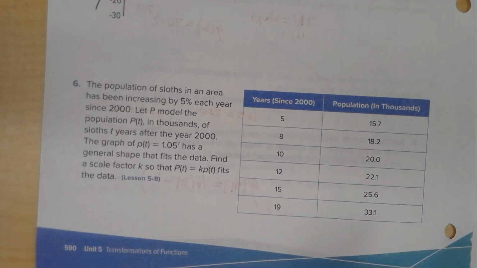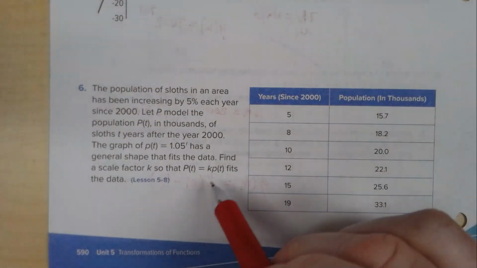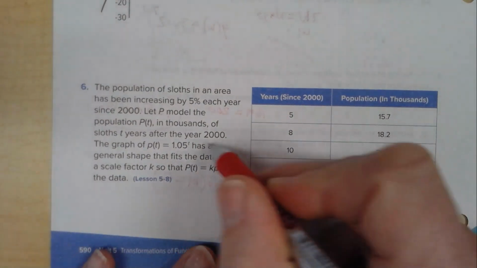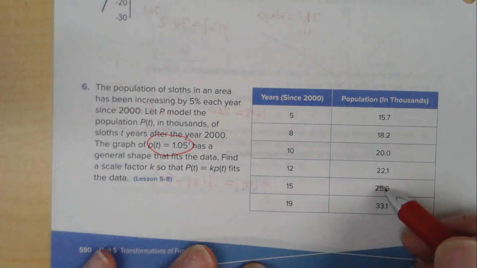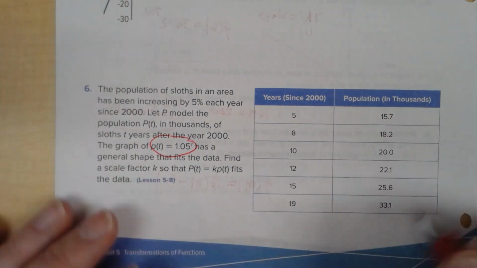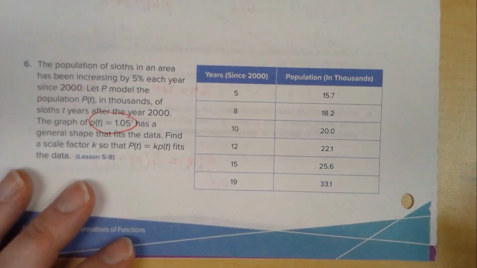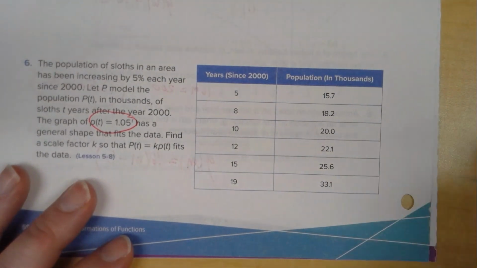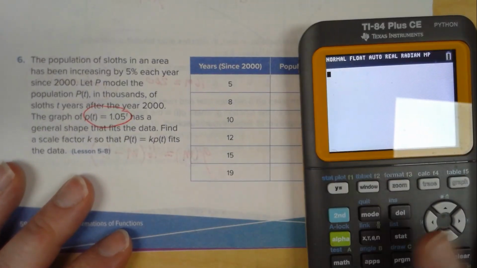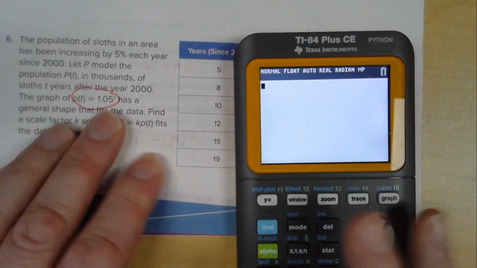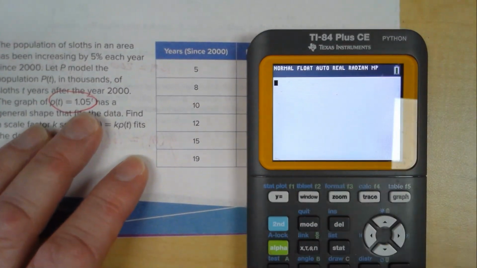The last question, number 6 here, is we're going to figure out what to do to this equation to make it match this data. All right. So in the calculator, I'm going to put 1.05.